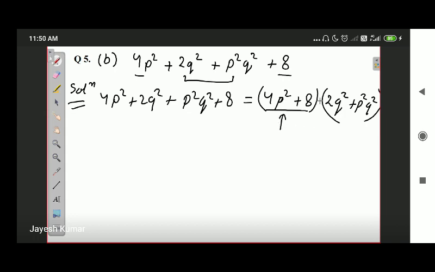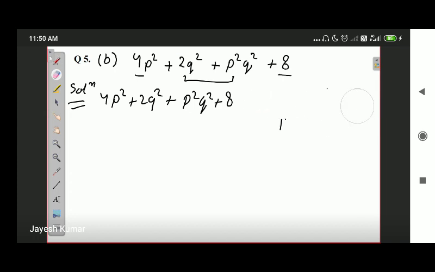Sorry, in between there is also a plus sign. Let me rewrite this whole. I am rewriting it as 4p square plus 8 plus 2q square plus p square q square.